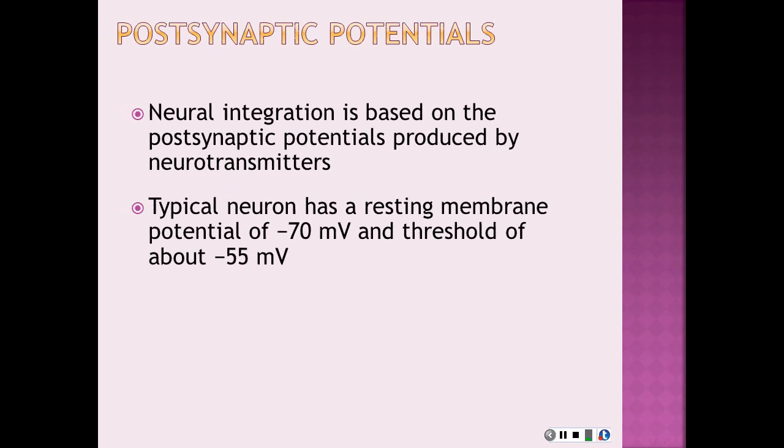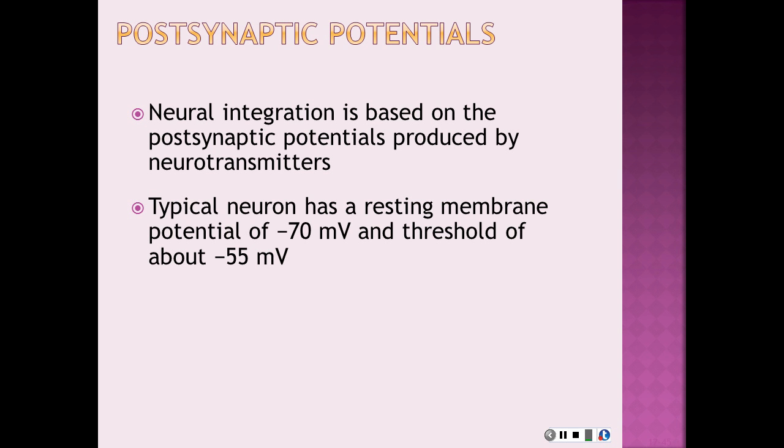Any voltage change that raises the membrane potential closer to the threshold is termed an excitatory postsynaptic potential. Any voltage change that hyperpolarizes the membrane and makes it more negative than the resting membrane potential is termed an inhibitory postsynaptic potential, IPSP.